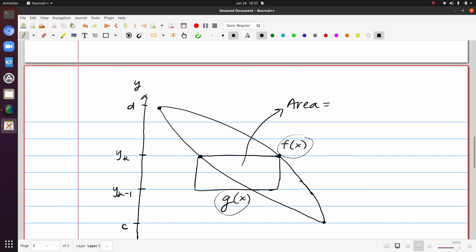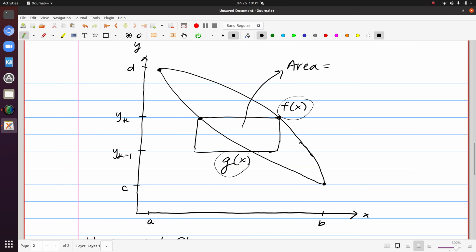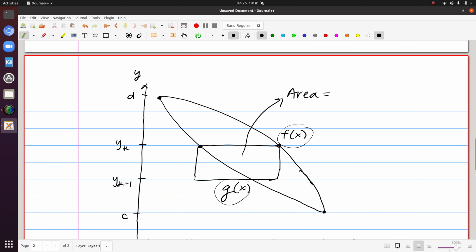And in doing that, what we're really interested in is, of course, what are the values along here, because we want to measure those distances. And notice that to get, first of all, this length, that is actually going to be f inverse of y sub k.